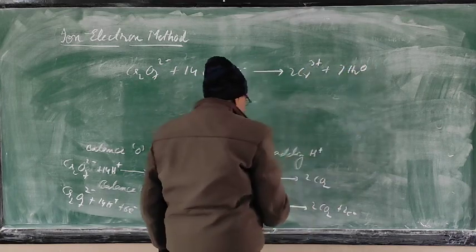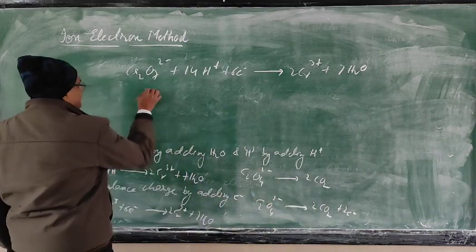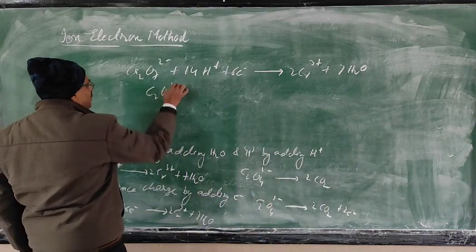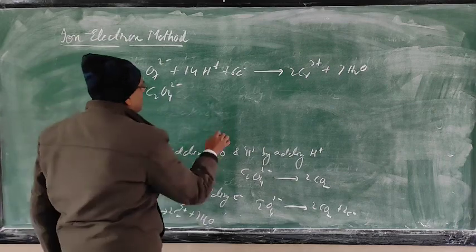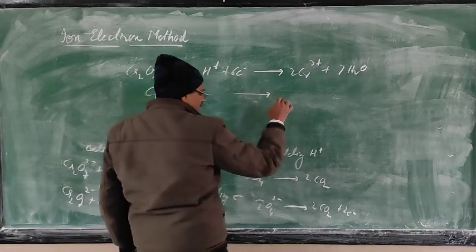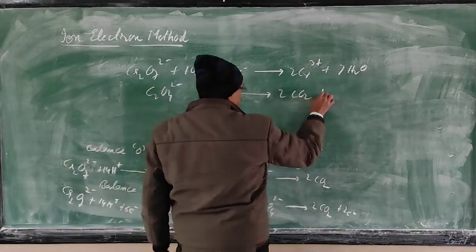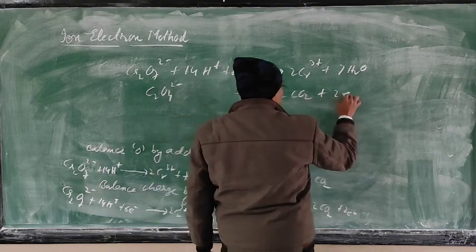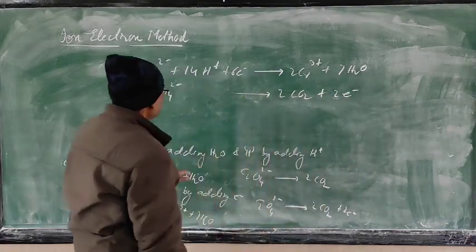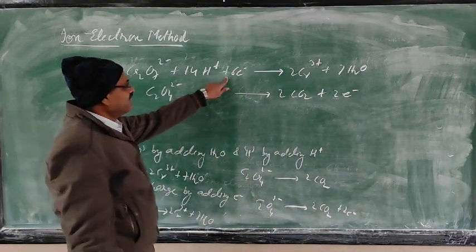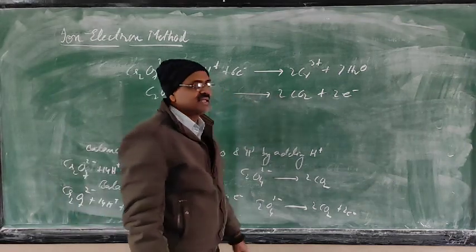Now the second equation, C2O4 2- gives 2CO2 plus 2 electrons. In the first, 6 electrons are added, but in the second, 2 electrons are removed.